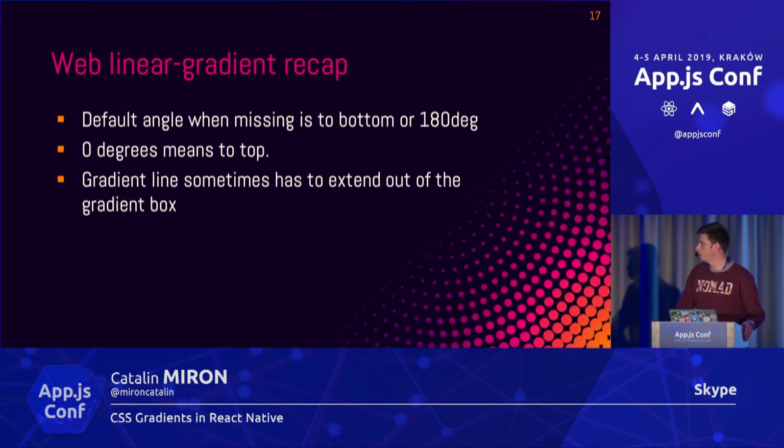So to recap, on web, if you don't add the first argument to the linear gradient, it's going to be 180 degrees. 0 degrees means to top, and the gradient line sometimes has to expand out of the gradient box in order to properly spread the colors.